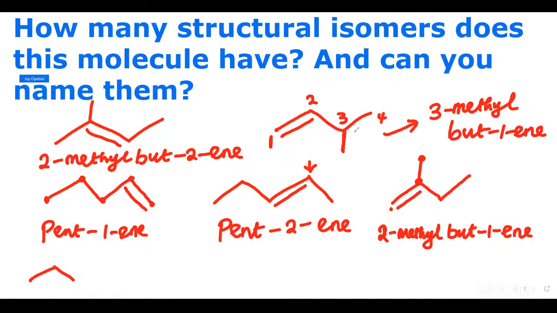So that makes this 3. That means that the total number of structural isomers for pentene is 5. It has 5, and this is the 5th one.